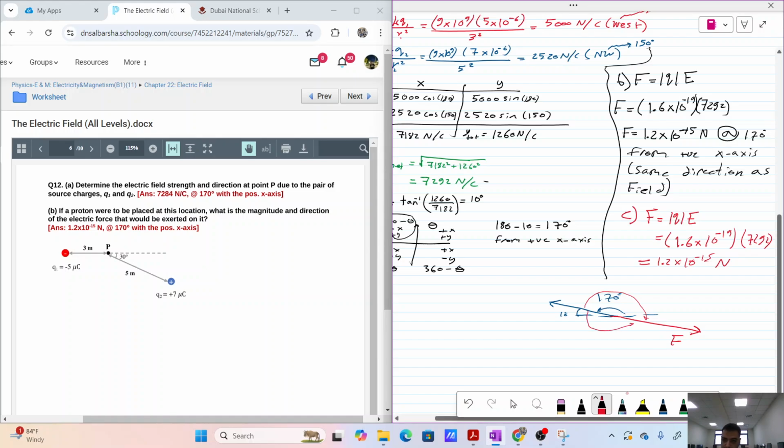So the angle is 170 plus or minus 180 degrees. If I do 170 minus 180, I'll get minus 10. Can I say it's minus 10 degrees from the positive x-axis? No. So we would say it's 170 plus 180, which would be 350 degrees from the positive x-axis.